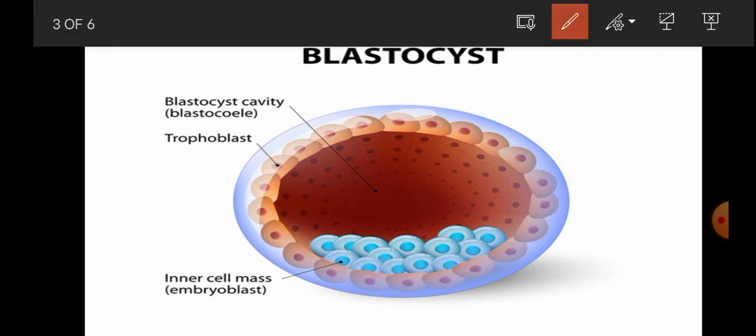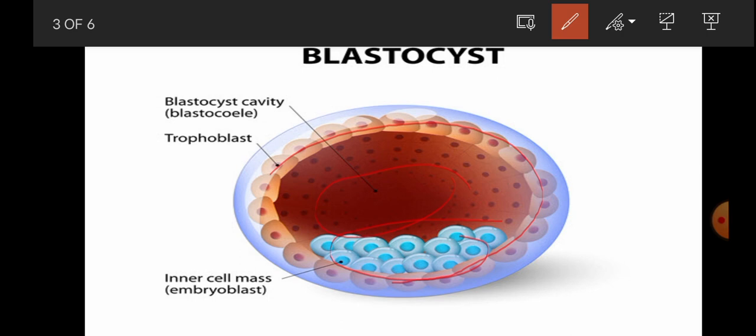As the uterine fluid diffuses in between the cell layers, it forms this wider cavity, known as the blastocele. This accumulated fluid increases the intercellular spaces and forms the cavity. The outer lining cells are known as trophoblast, and the inner cell mass is known as embryoblast.